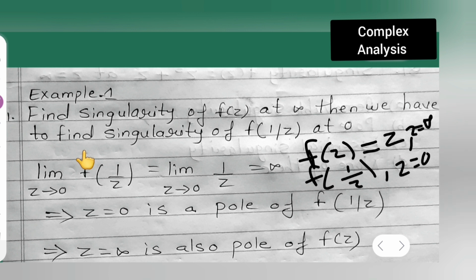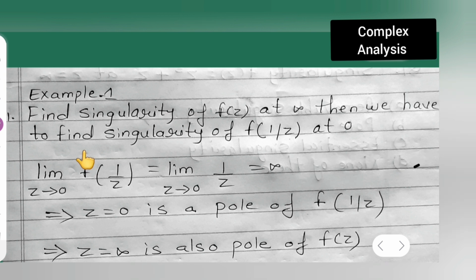So we know that z is equal to 0 is a pole. What I have done is, over here I have taken the limit z tending to 0 of f of 1 upon z. In place of z I have plugged 1 upon z, which is the limit of z tending to 0 of 1 upon z, which is equal to infinity.